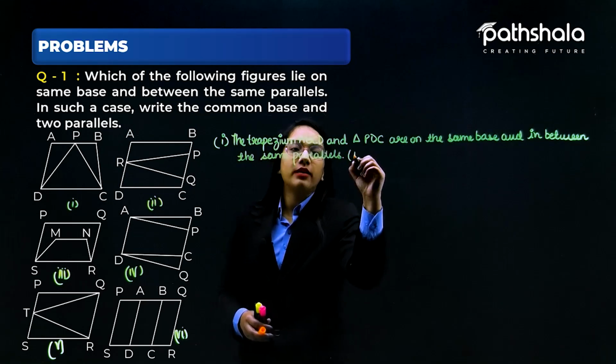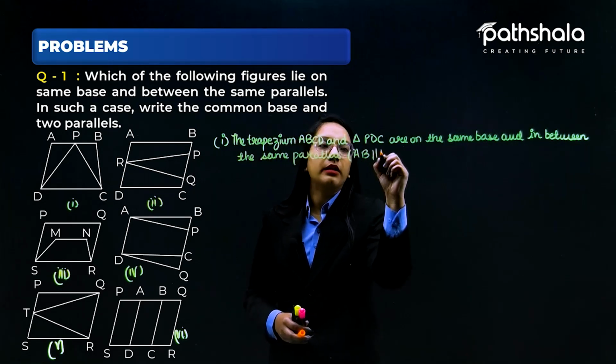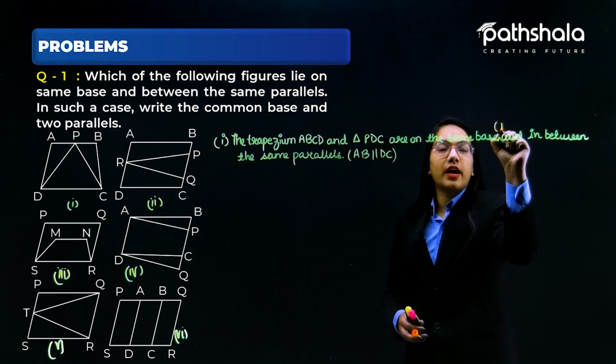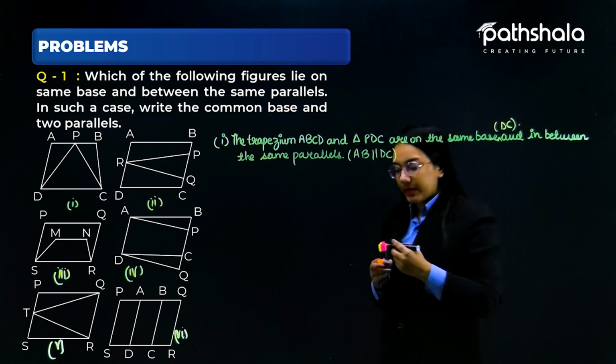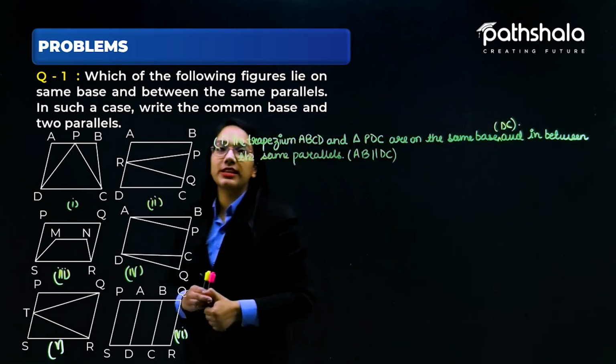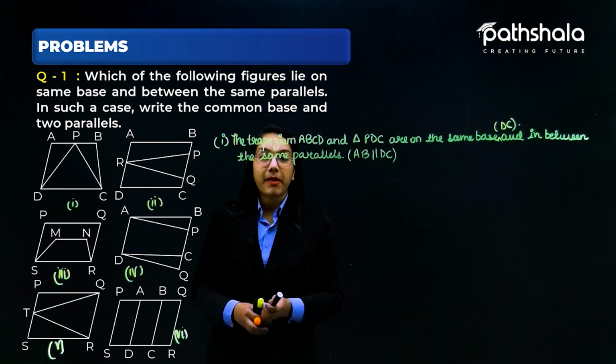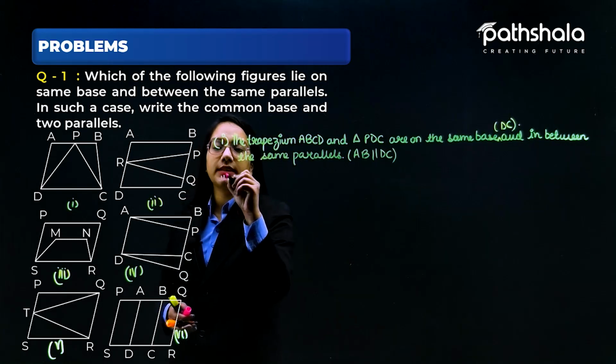And what are those parallels? AB parallel to DC. The common base is again DC. So this figure is lying on the common base and in between the same parallels. Now let's talk about the second figure.